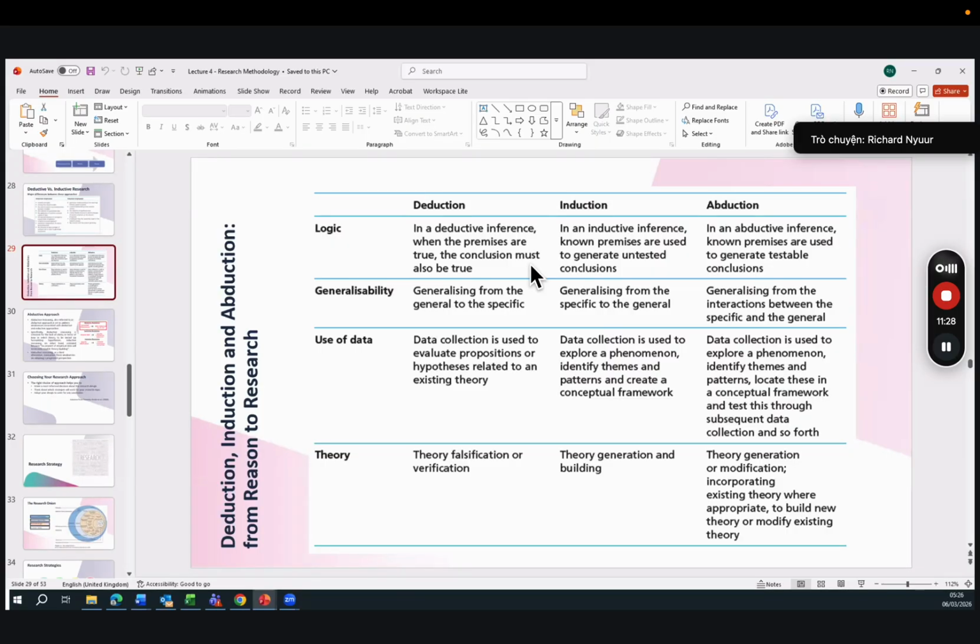This data collection is used to explore a phenomenon, identify themes and patterns, and locate these. So it's similar to the inductive, and it's also based on theory generation, modification, and so on.